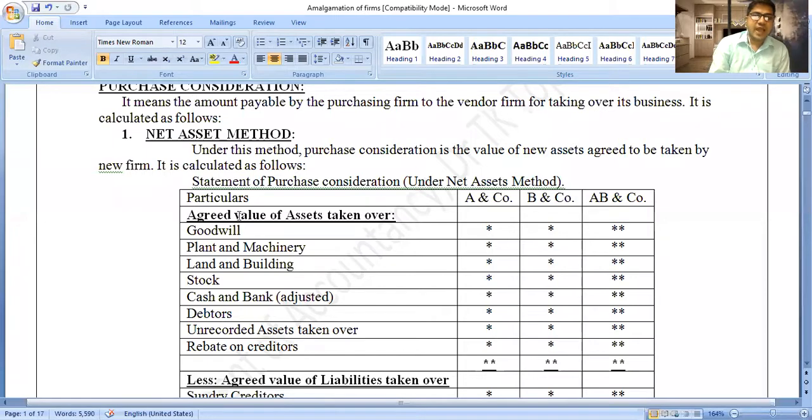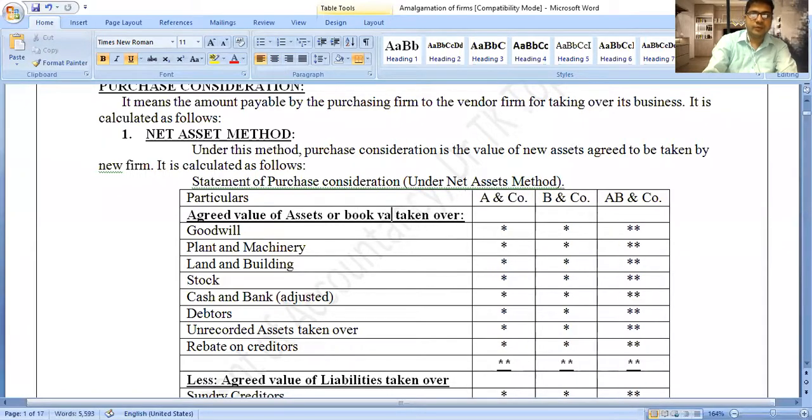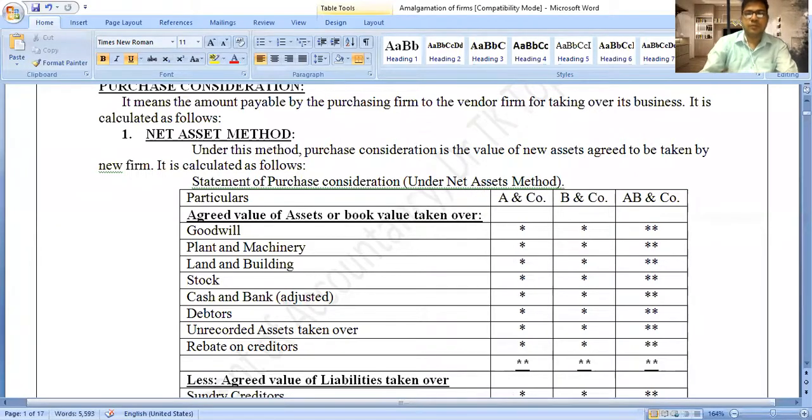Now, first, the agreed value of assets, or we can say book value. Book value is the balance sheet value.